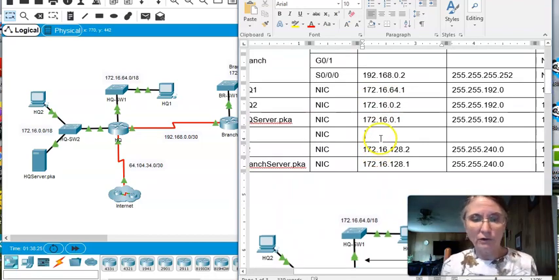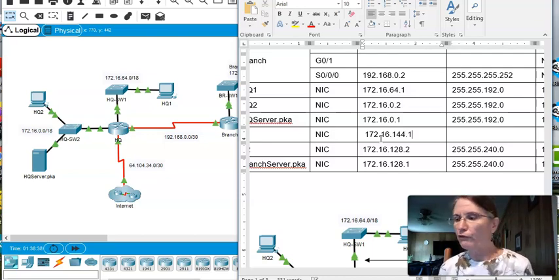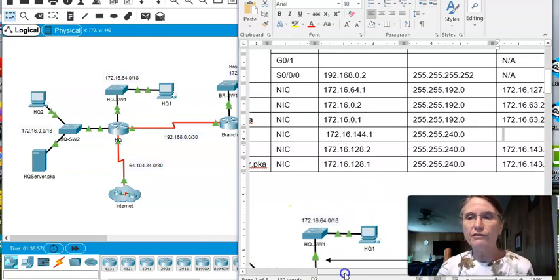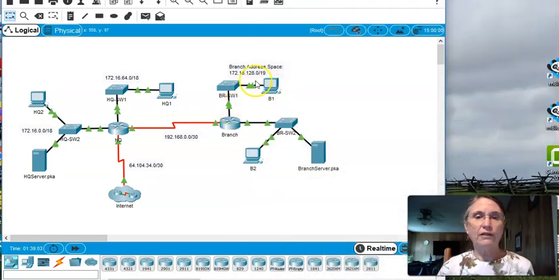So I will choose that first available address in that subnet of 172.16.144.1, and of course the /20 is still represented by a subnet mask of 255.255.240.0, and we will have a default gateway of the router interface, which leads us to the outside world.